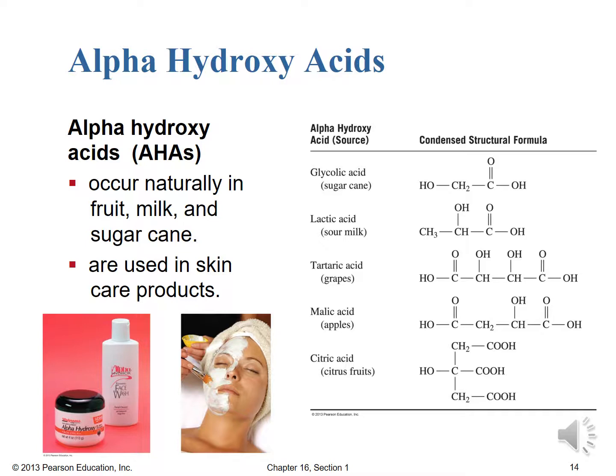We've got tartaric acid from grapes, malic acid from apples, and citric acid from citrus fruits. So fruit sources for those last three. Again, a plant source for the first one, sugarcane, for that 2-carbon, very simple alpha hydroxy acid. It only has an alpha carbon, so it's the simplest alpha hydroxy acid we can have. And then the sour milk there for the lactic acid. So there you have it. Take a look at your skincare products, see if you have any of these, and you'll probably be able to recognize the names now and even the sources.